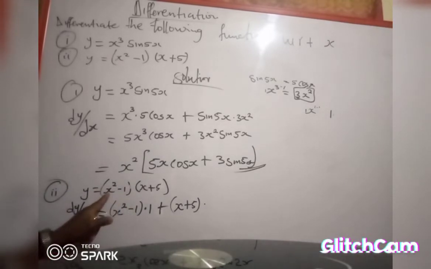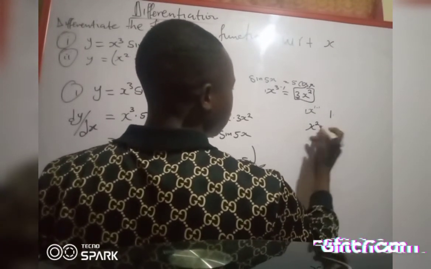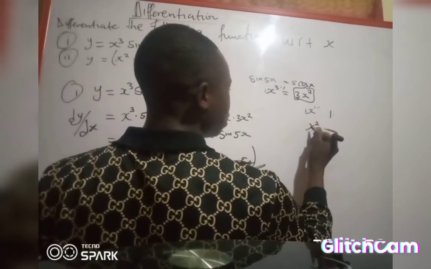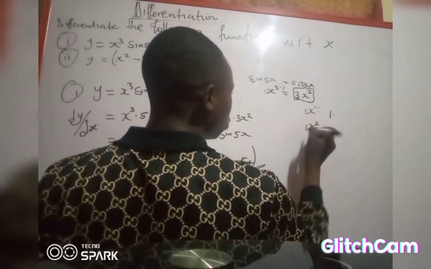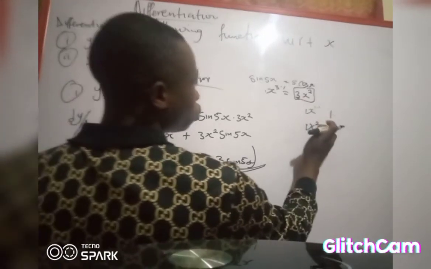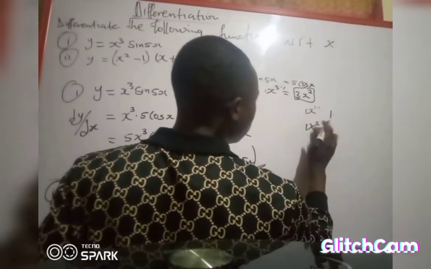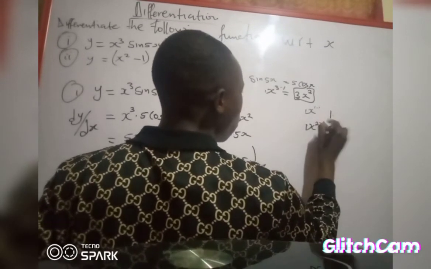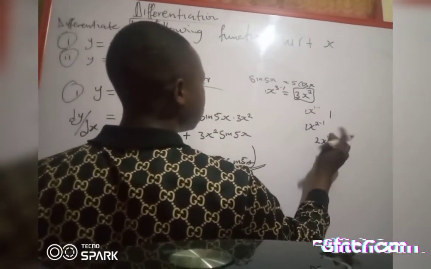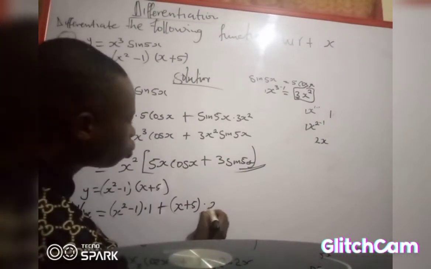If you want to differentiate s squared, remember the coefficient of the variable s is 1, because there's nothing attached to it. This 2 multiplied by 1 here, I will have 2. You copy this s, then take away 1 from the power, it will be 1. That is 2s. The derivative of s squared is 2s.